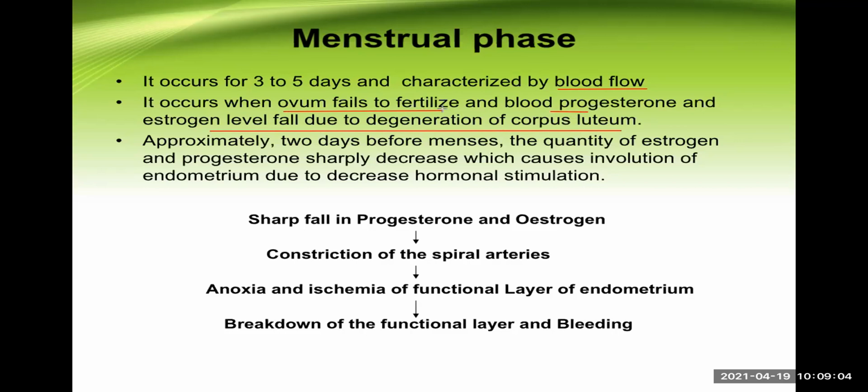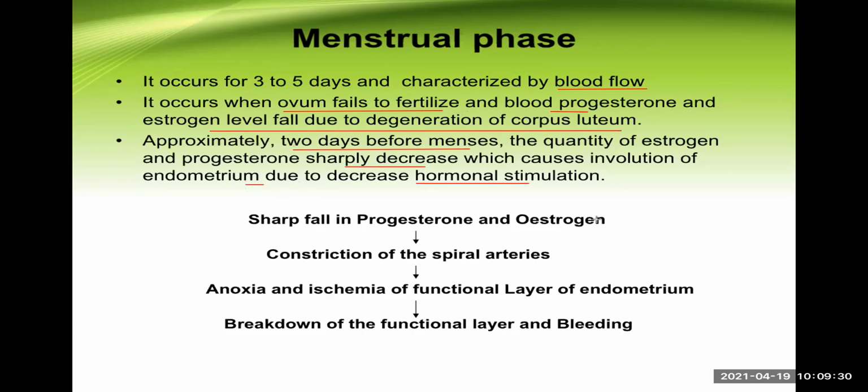But if she is not pregnant, then the ovum fails to fertilize, isn't it? We all know that. Then corpus luteum will also disintegrate. It will degenerate. Then menstruation occurs. Approximately 2 days before the menses, the quantity of estrogen and progesterone sharply decrease, which causes involution of the endometrium due to decreased hormonal stimulation.